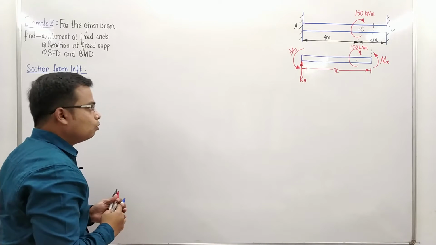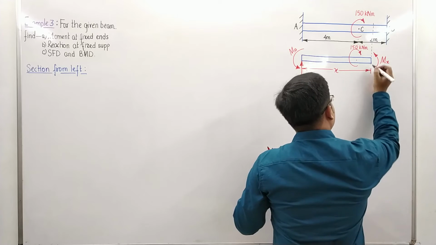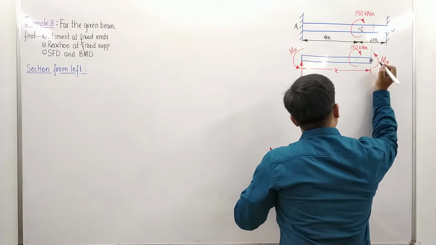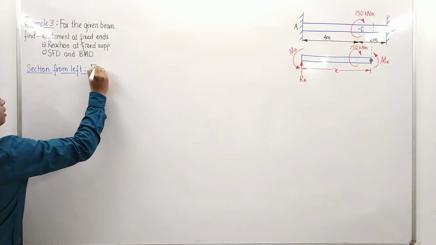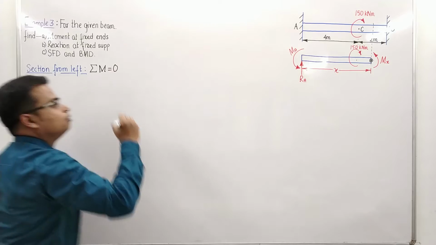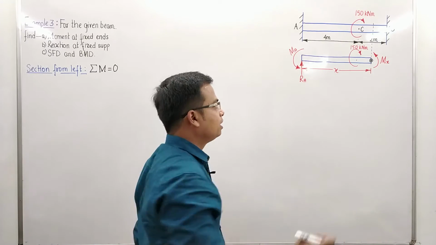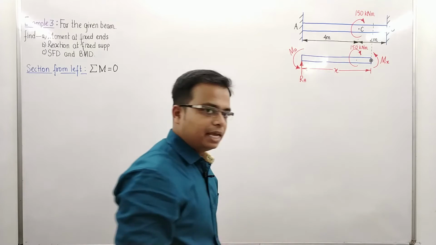Not to worry. So what we'll do is we'll take the moment about this very point and equate it to 0. Let's work it out. Anti-clockwise I always take as positive, clockwise I always take as negative. Remember this.